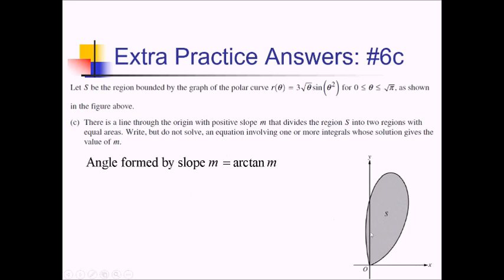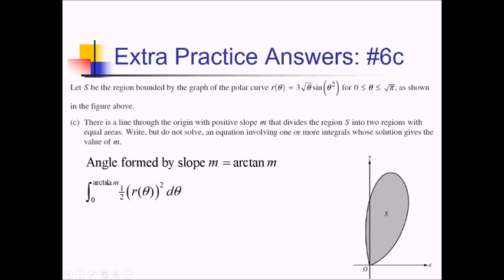So I'm going to have one area for a part of S. That's going to be 1/2 the integral from 0 to arctan of m, because that's the actual angle, of r of theta squared d theta, since we said the area is 1/2 r squared d theta.